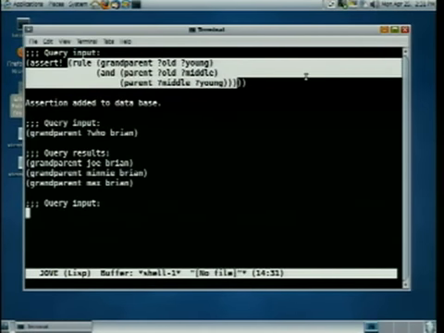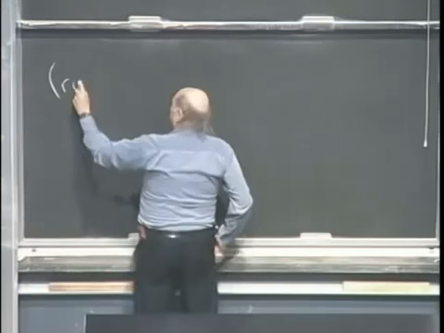So rules are the logic programming equivalent of procedures. So a rule looks like this.